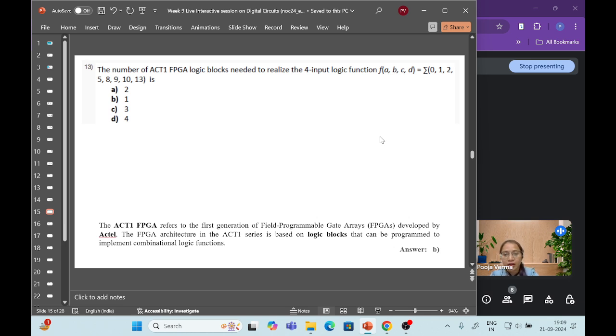The FPGA architecture in the Act 1 series is based on logic blocks that can be programmed to implement a combinational logic function.